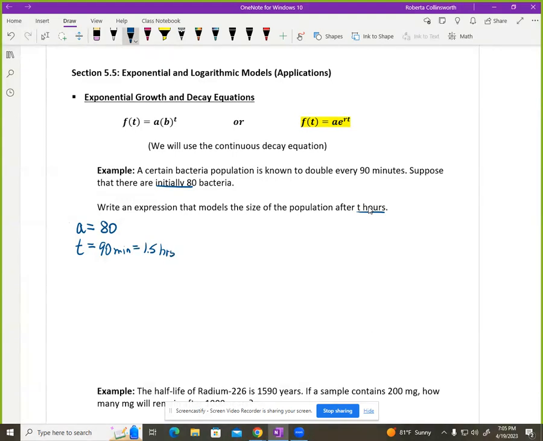And I want to know the size of the population after T hours. I want to write an expression for f of t. Nothing in here is giving me R as our growth rate. All I see is that it's doubling every 90 minutes. So I can find R from doubling.